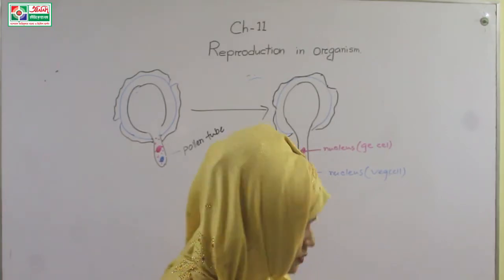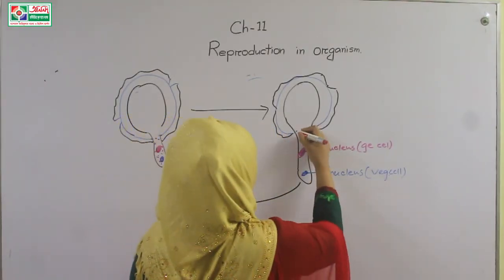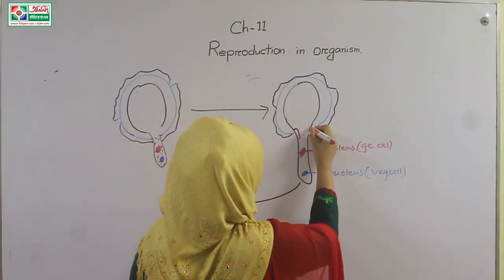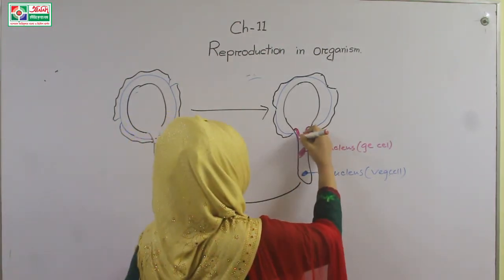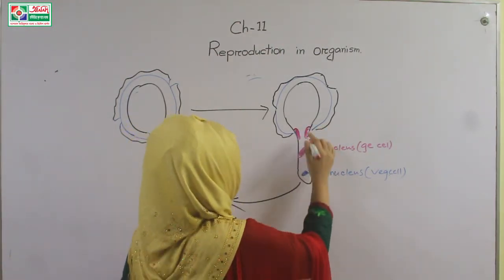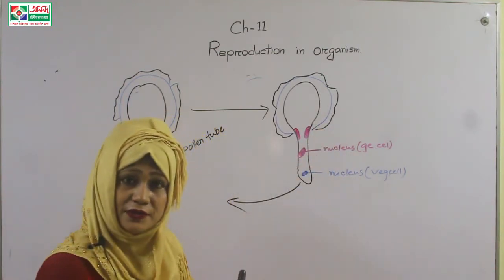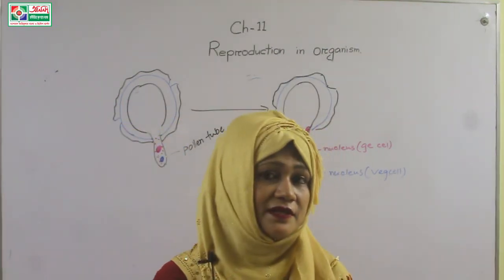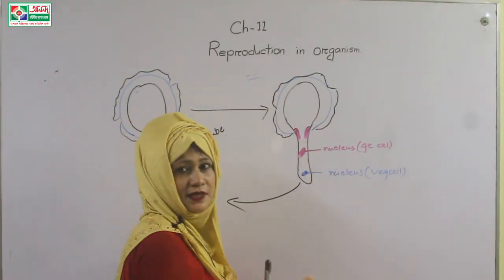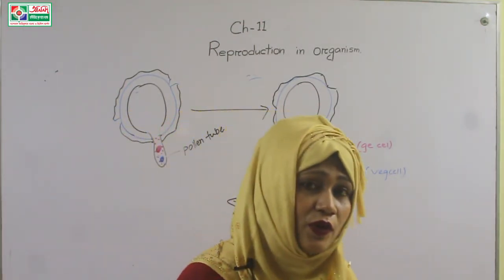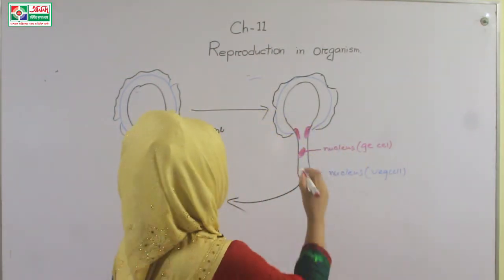What is a callus plug? This is a plug. Why is it made? So that the cytoplasm and also the generative nucleus and the vegetative nucleus cannot flow back. So it prevents the backflow of these materials.